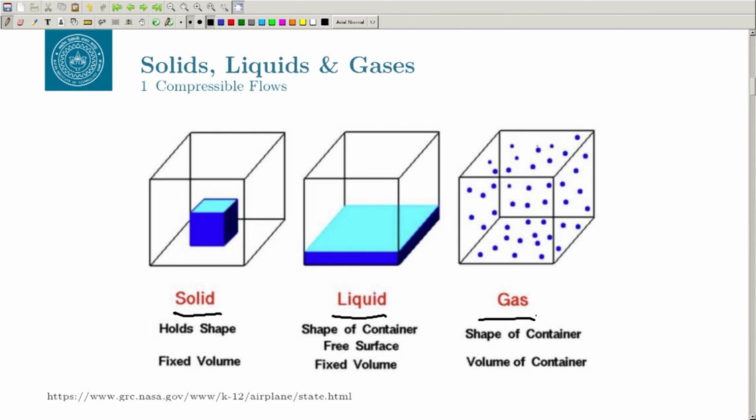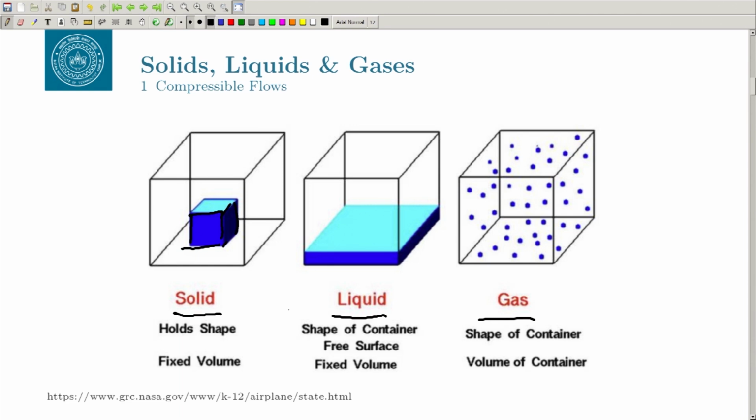As you can see here, let us say you have a box, and you put a solid block there. You would see that the block holds its shape in the container, and it has a fixed volume. Now, in the same container you remove the block and put, let us say, water.